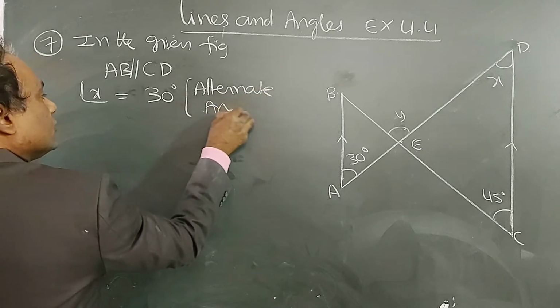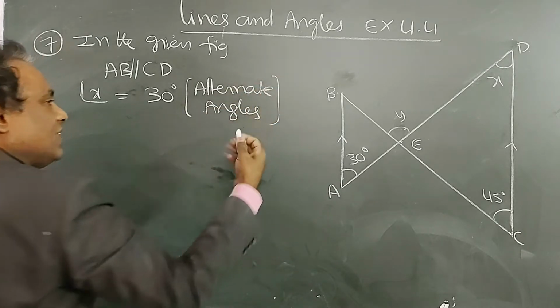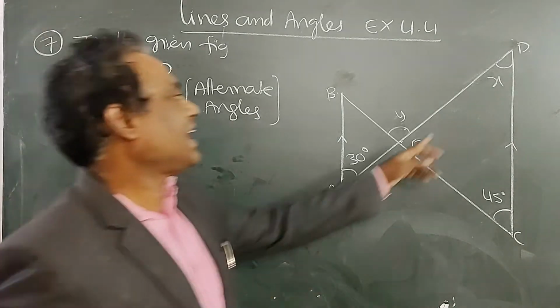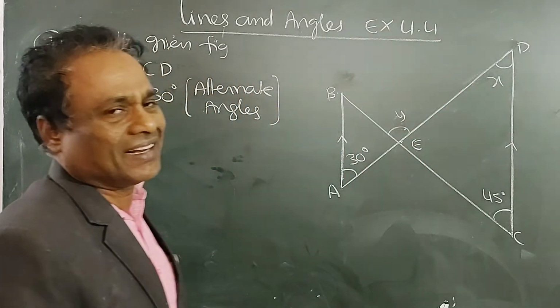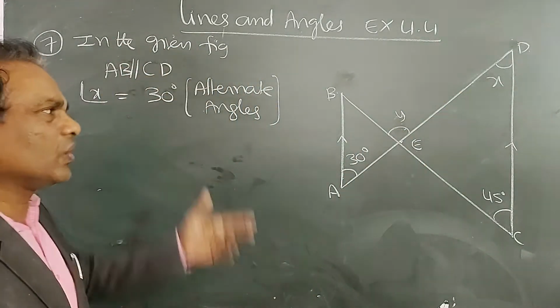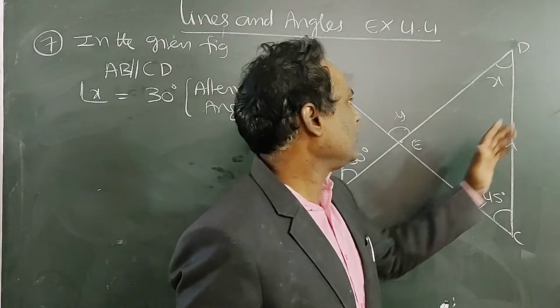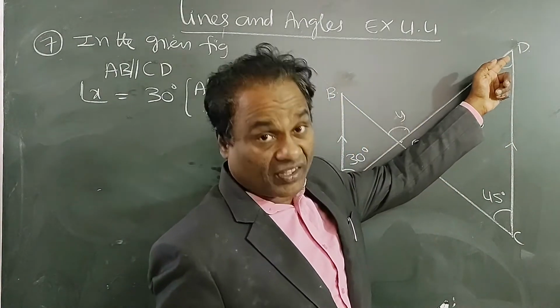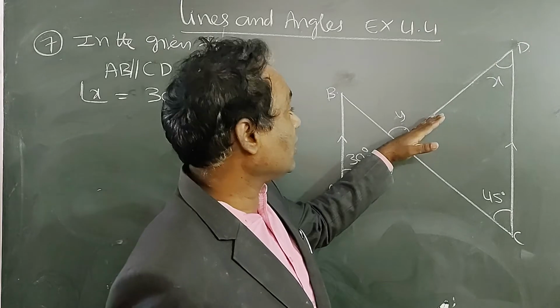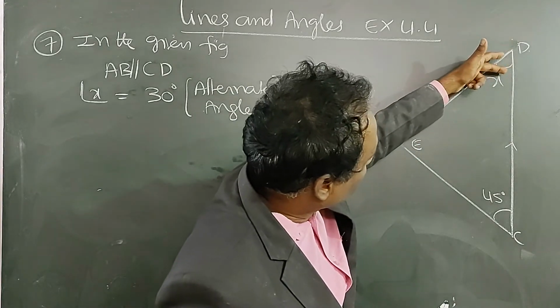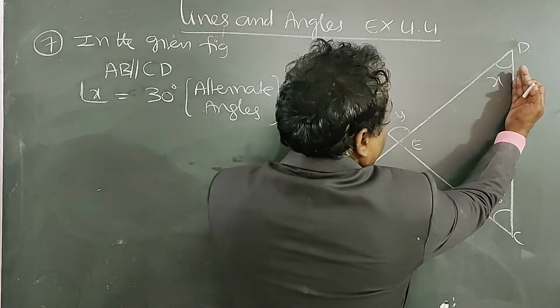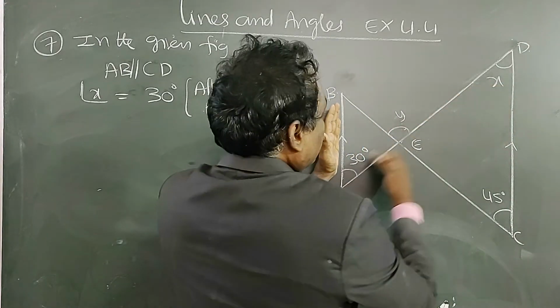See, students, directly we got the x value. x is equal to 30 degrees, alternate angles. If you want some description, you can write: AB is parallel to CD, AD is a transversal. Between these lines we have interior angles x and 30.